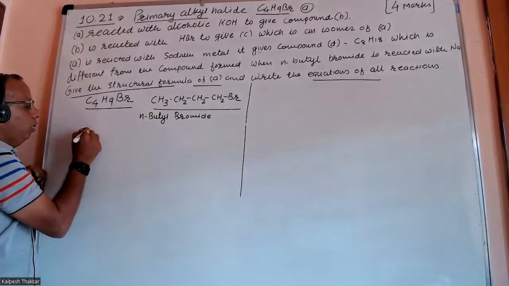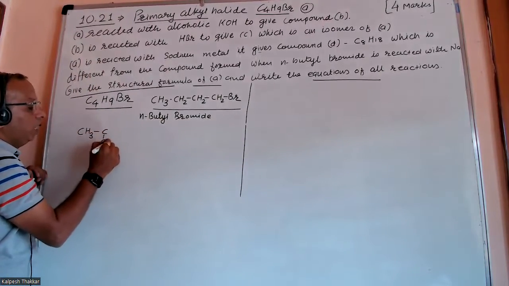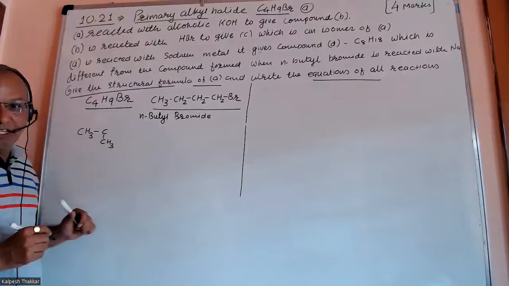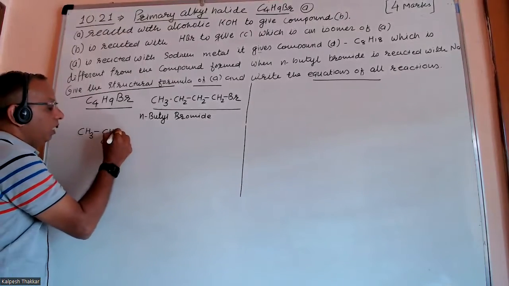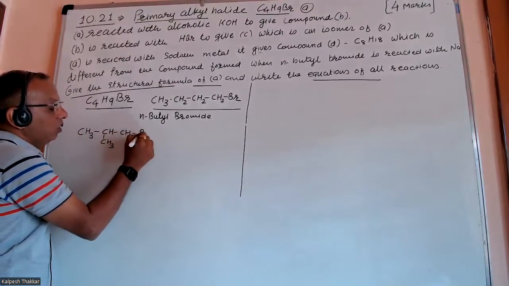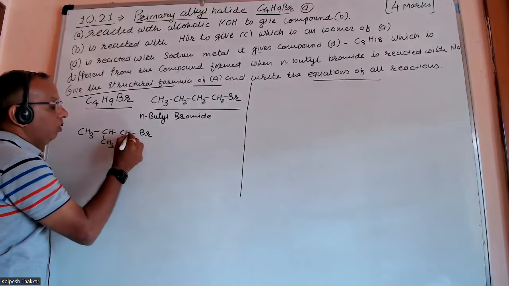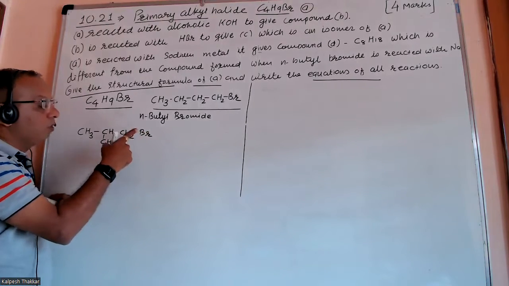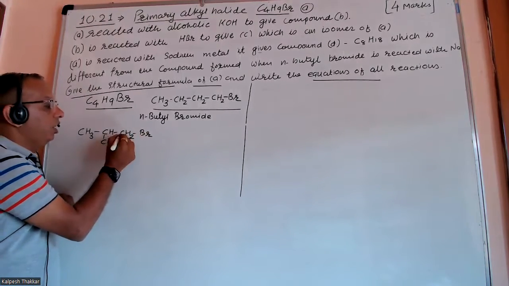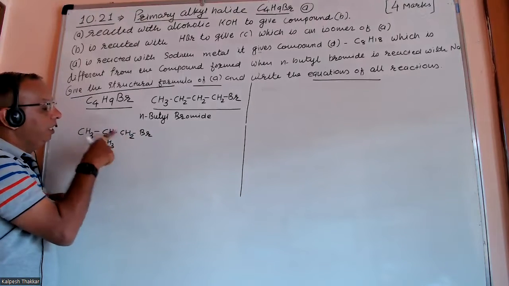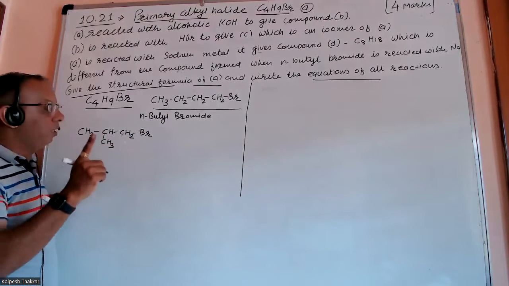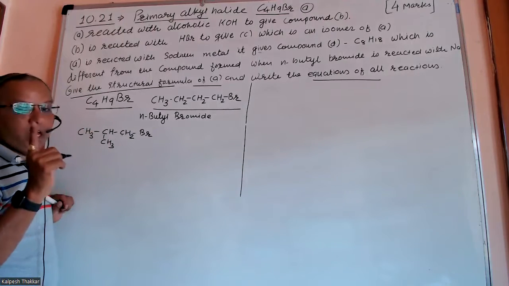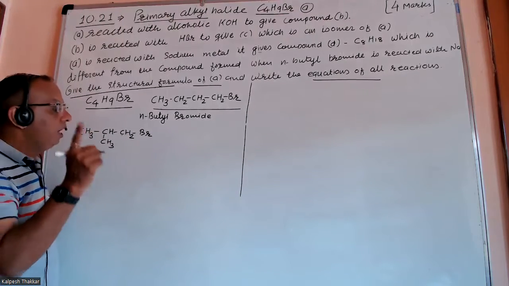Second option: if I put one carbon in a branch instead of the chain, then what happens, friends? This is the second option, in which this is also primary because bromine is connected with this carbon and this carbon is directly attached to only one carbon, following the definition of a primary halide.